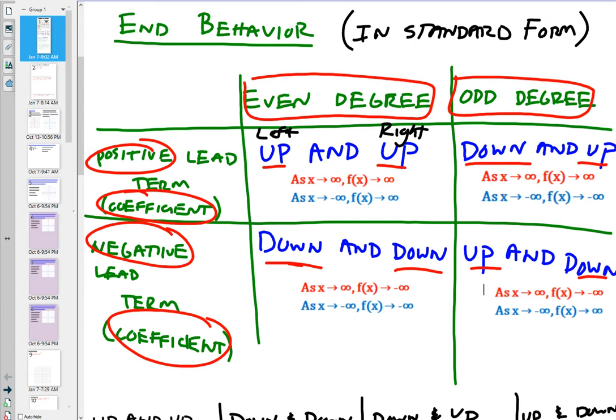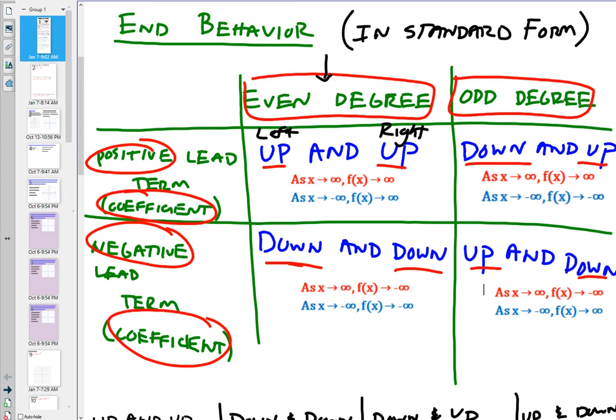What type of even degree polynomial are we familiar with already? Quadratic, right? A parabola. As far as the arrows go, there's only 2 possible ways the arrows can look on a parabola. Either they both go up, or they both go down.